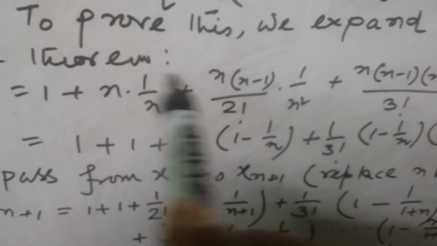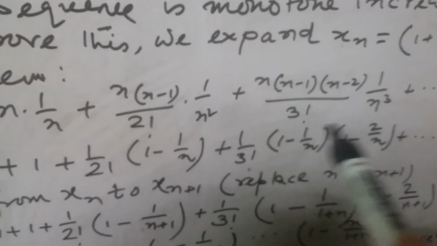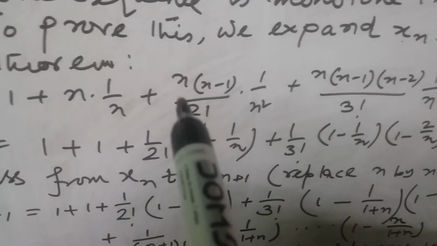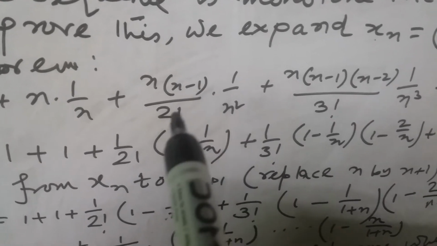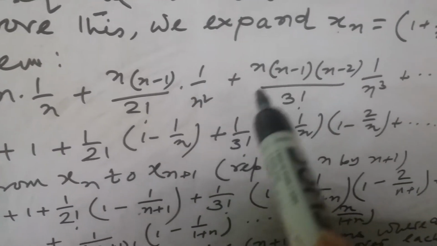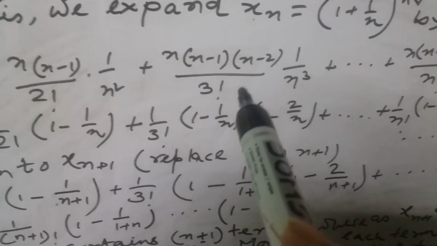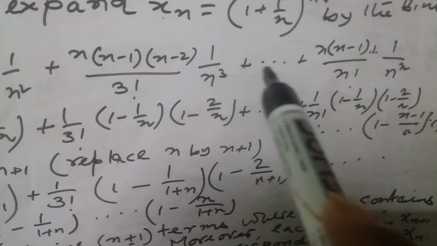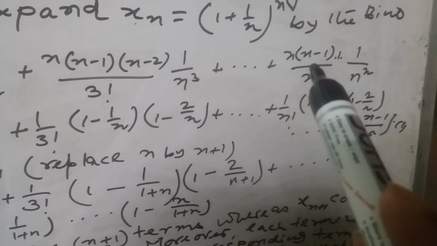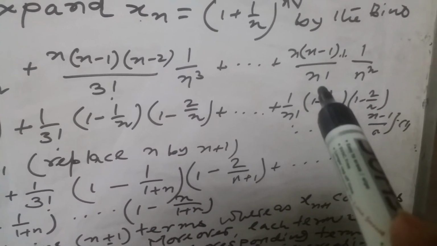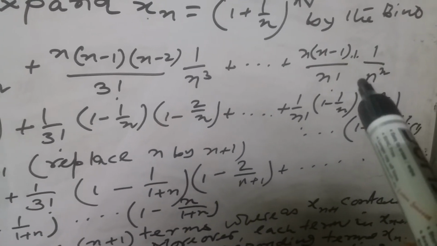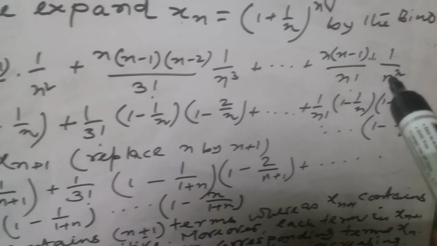After expanding nC1, nC2, nC3, you get 1 plus n into 1 by n, plus n into n minus 1 by factorial 2, 1 by n square, plus n into n minus 1 into n minus 2 by factorial 3, 1 by n cube, plus dot dot dot, n into n minus 1 and so on by factorial n, 1 by n to the power n.